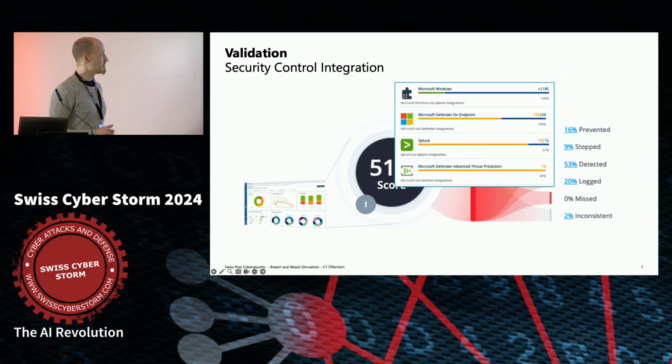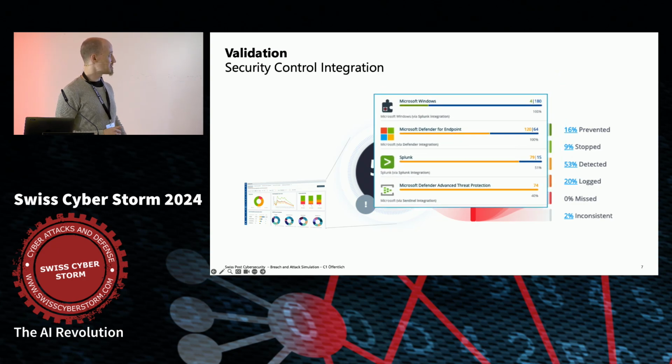And what you also get, if you integrate it into your different security controls, you can see here we have Splunk integrated, but also Defender. You can see which security control detects what. So this might also help you get an answer on what kind of tool is doing which part of the job, or is covering which part of an attack chain, and how well the coverage is.